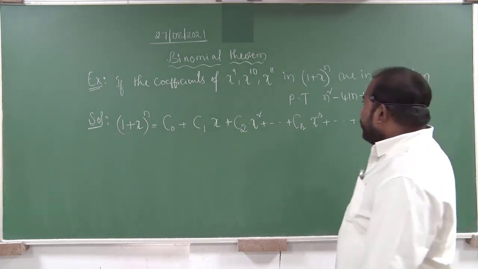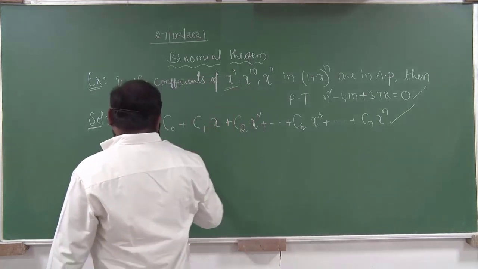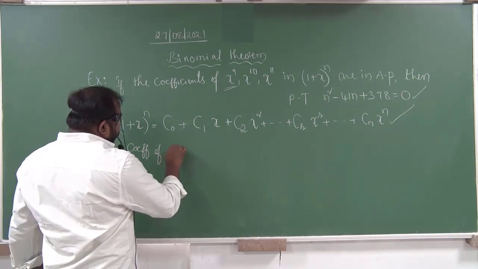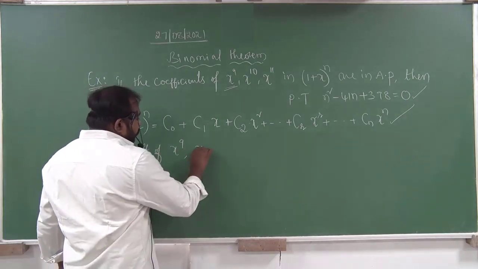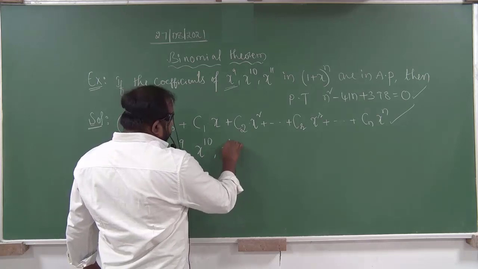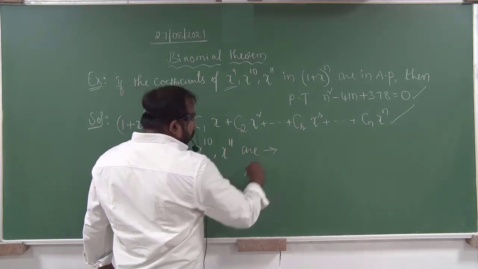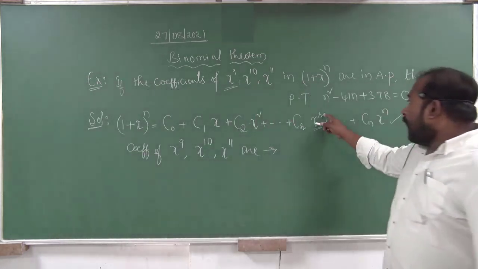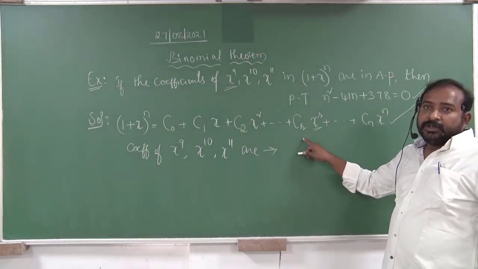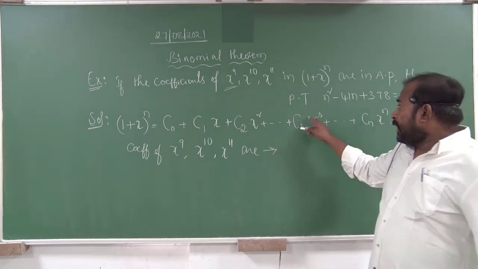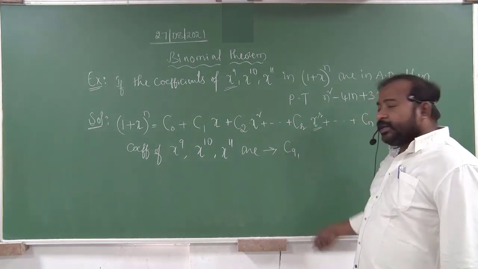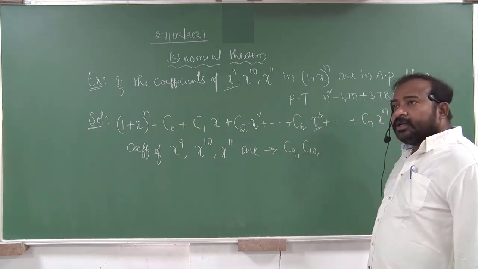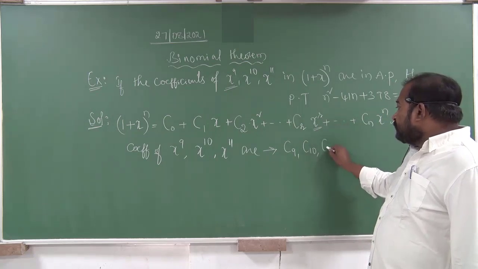Now, according to the data, what is the coefficient of x power 9? Therefore, what are the coefficients of x power 9, x power 10, x power 11? If you observe here, the x power r coefficient is cr. So the x power 9 coefficient is nC9, the x power 10 coefficient is nC10, and the x power 11 coefficient is nC11.